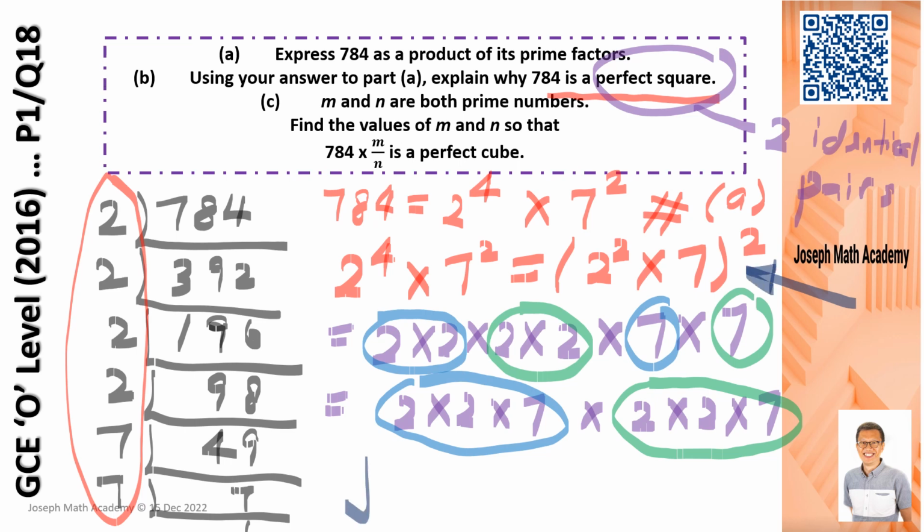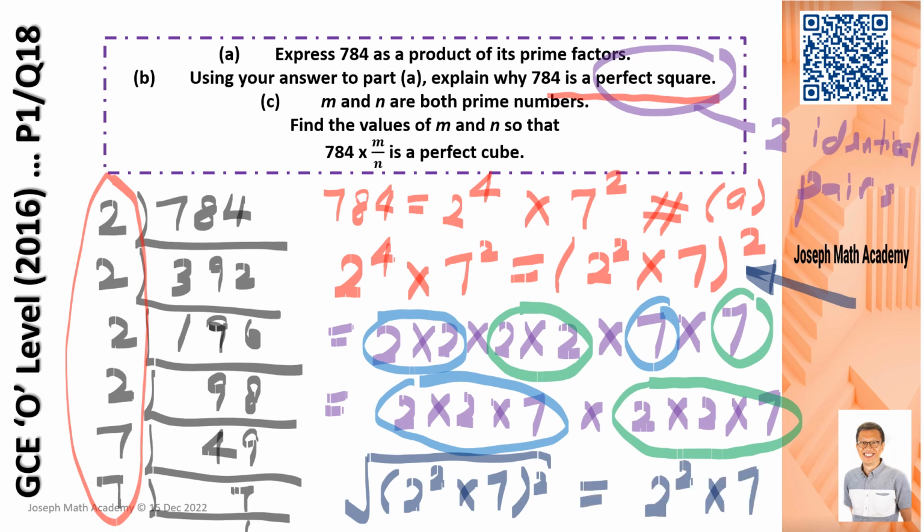So when we square root 2 squared times 7 all squared, it gives us 2 squared times 7. So this proves that 784 is a perfect square.